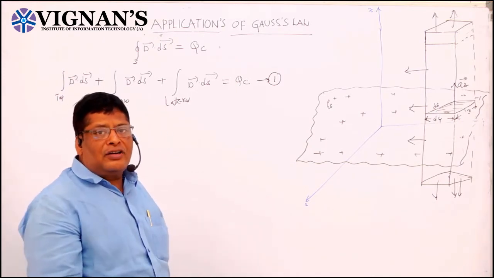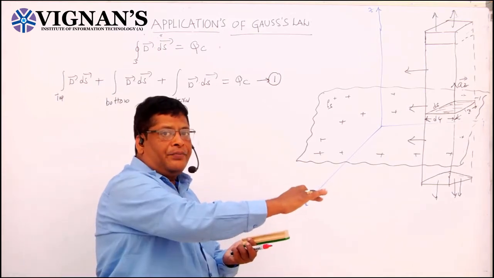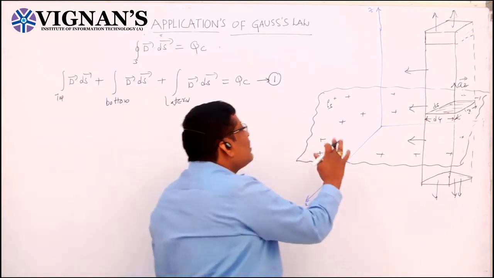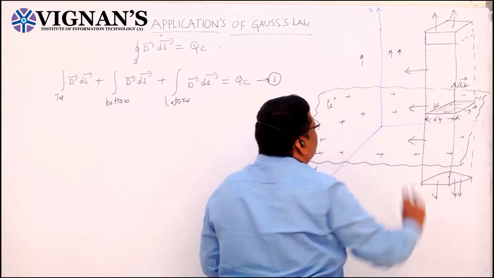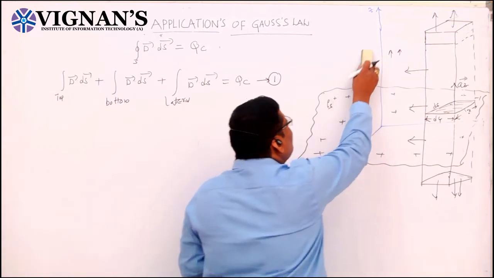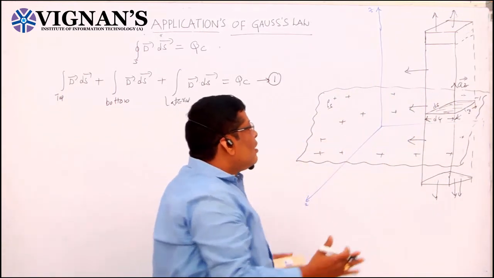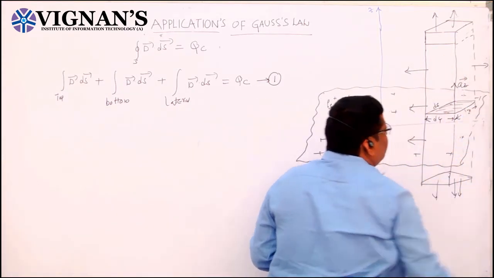In this manner we place the sheet, the electric flux lines will be in this direction, in the z axis only. There is no flux flowing in the lateral direction, no flux is leaving from this lateral surface as well as this side.